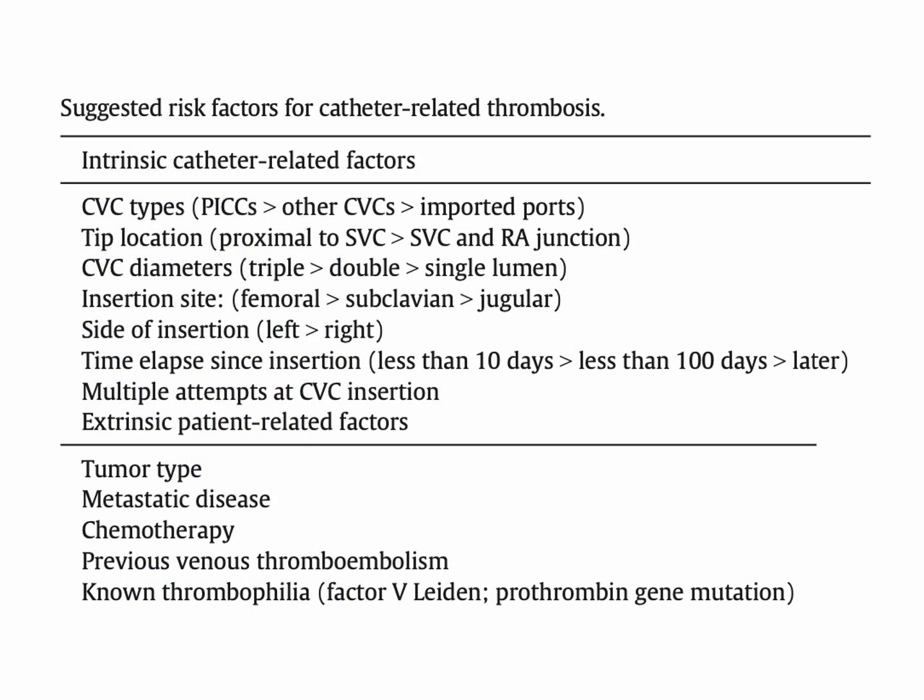This table is a list of suggested risk factors in association with catheter-associated thrombosis. Some of the intrinsic factors are obviously the CVC type. So a PICC has a greater risk than a CICC, which has a greater risk than an implanted port. The same thing applies to tip location and CVC diameter.